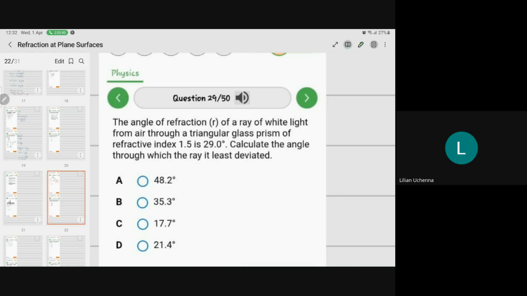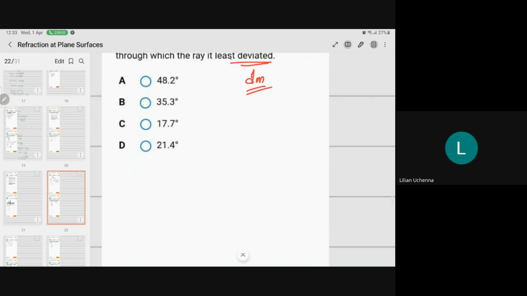They've given you everything you need, the same formula, but this time you are looking for Dm. Give me a thumbs up if you understand. So just look for the Dm. You have your n and every other thing you need.